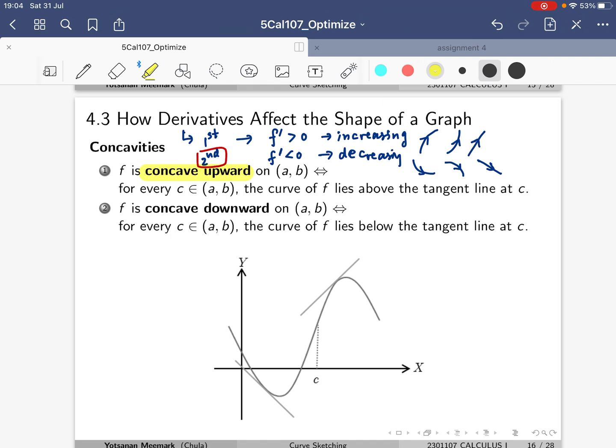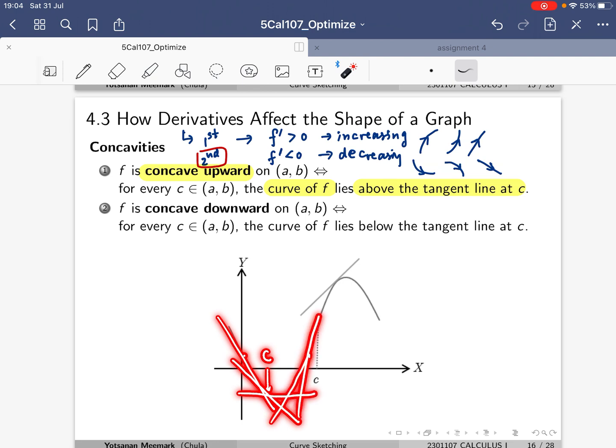Concave upward means that the curve f will lie above the tangent line at the point c. For example, if this is the point c, then this is the tangent line. All these are tangent lines to this curve, and you can see that all the tangent lines go below the curve.